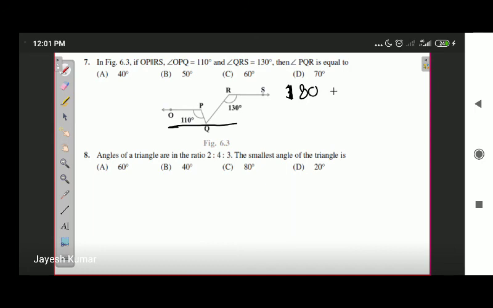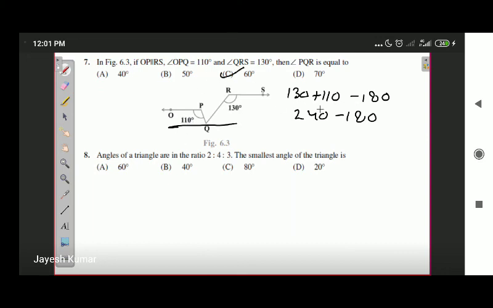You can easily determine the value of angle Q by doing this: 130 plus 110 minus 180. This will be 240 minus 180, that will be 60 degrees. This is also a question of NCERT. You can check the solution there.